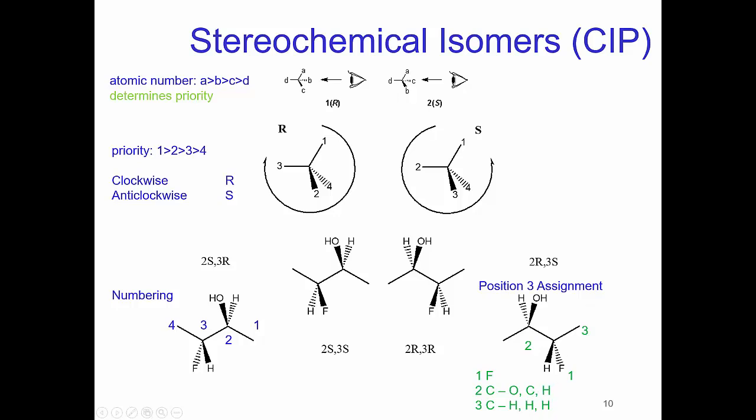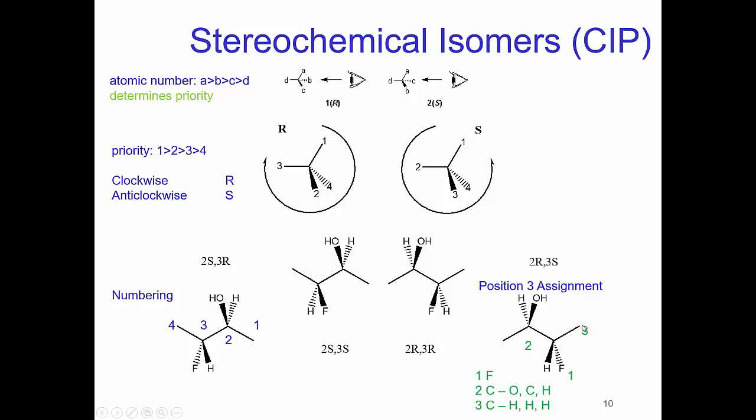Well, we'd have to say these two are identical, and we'd have to figure out where we branch off to determine the next priority. So obviously the oxygens are the same. We're not going to get differentiation there unless the oxygens are different. So if one was an ether versus one was an alcohol, then we could use that as a branching point. Otherwise, we'd have to look at the carbons.